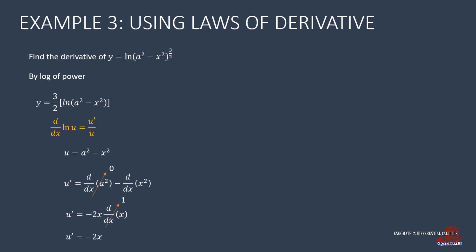U prime is then simplified as negative 2x. With both parameters already determined, y prime is taken as 3/2 of negative 2x over a squared minus x squared, where the 2's are cancelled out, making y prime as negative 3x all over a squared minus x squared.